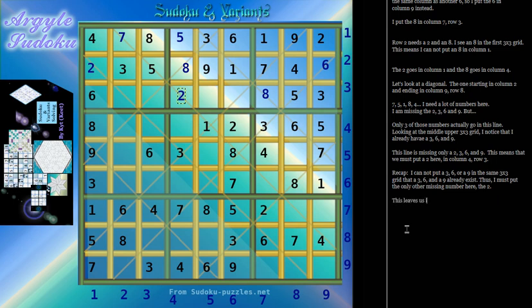This leaves us with only the 3, 6, and 9 to place. Looking at column 7, I find a 3 and a 6, but do not see a 9. This means I can put a 9 here.